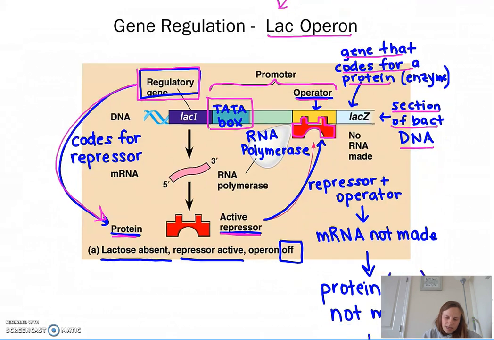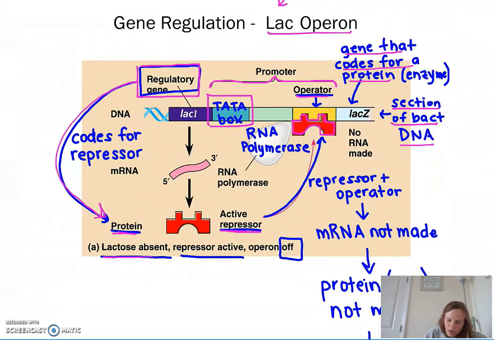So in this example, we have no lactose. So we don't want to turn this gene on, because if we turned the gene on, the gene would make these enzymes that break down lactose, but there is no lactose. So therefore, we don't need to make the enzymes that break down lactose.